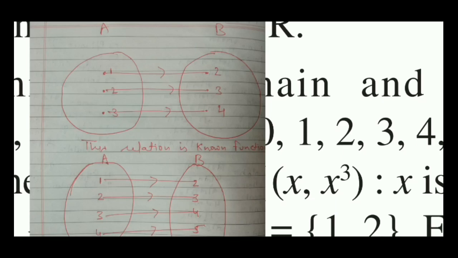So this type of relation is known as a function. According to the definition, a relation from a set A to B is said to be a function if every element of A has one and only one image in set B.